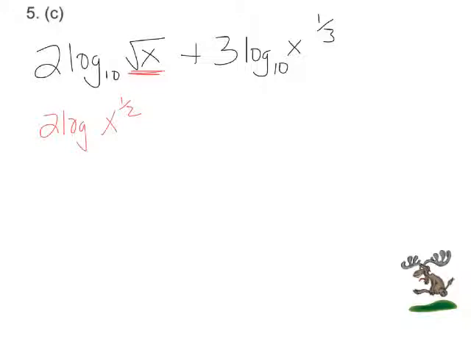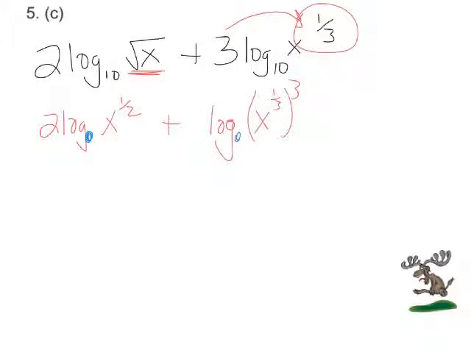And I'm going to take this 3 and move it from the front up to the exponent, so what we have is log of x to the 1/3 to the 3rd. Notice I've dropped writing the base in there, and you're allowed to do that because it's base 10, and if you don't have a base written, then it's assumed to be a common logarithm, which is base 10. Now the next thing I'll do is take the 2 and move it up front as well.